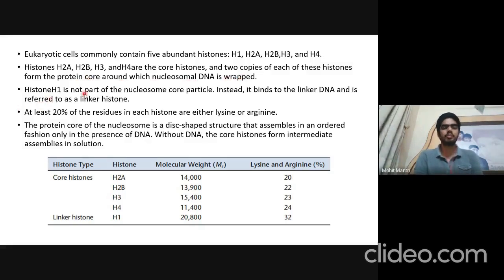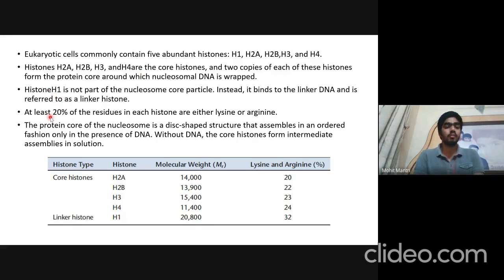Histone H1 is not part of the nucleosome core particle, and it binds to the linker DNA and is also known as linker histone. Since 2 copies of each of the 4 core histones are present and only 1 copy of H1, the amount of H2A, H2B, H3 and H4 is double that of H1 in a cell.